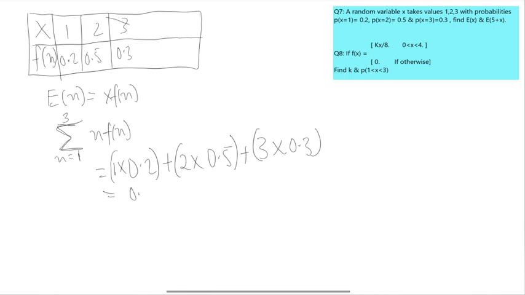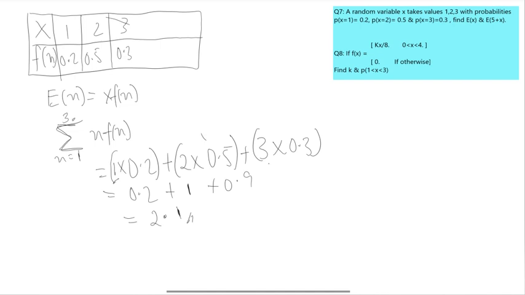So here we're going to have 0.2 plus 1 plus 0.9, and we are going to be left with 2.1. So this is going to be our mean for this question. This summation tells us that we are carrying x from 1 all the way to 3, which is what we did here.